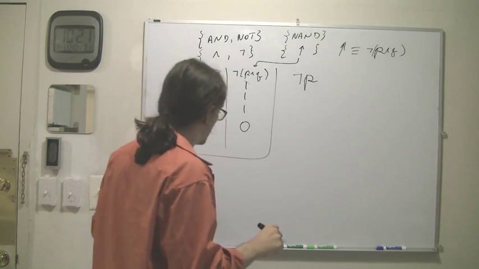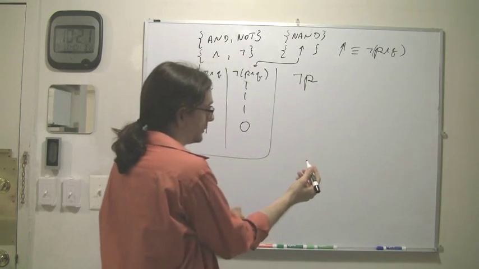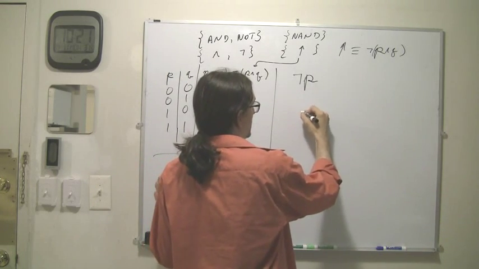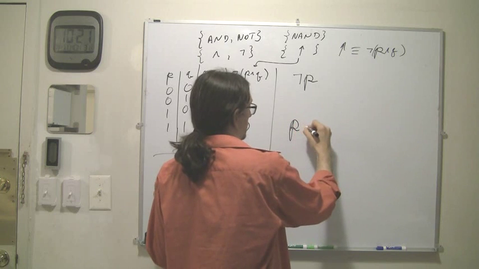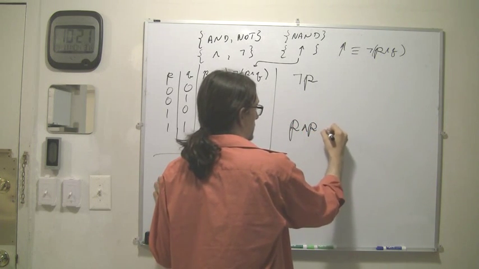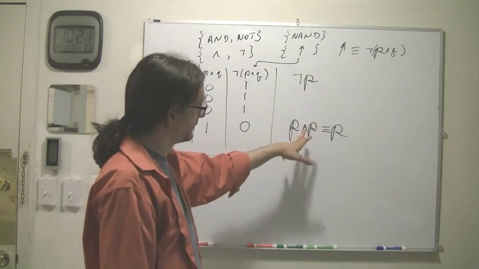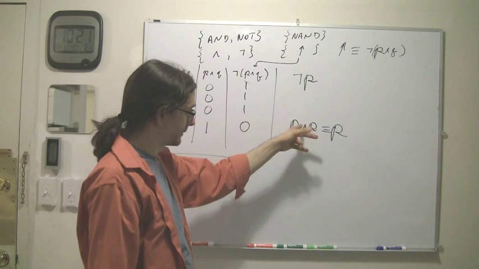Well, we're going to just use the following trick. Notice that P and P is equivalent to P, right? The operator AND is idempotent. That's what idempotent means.